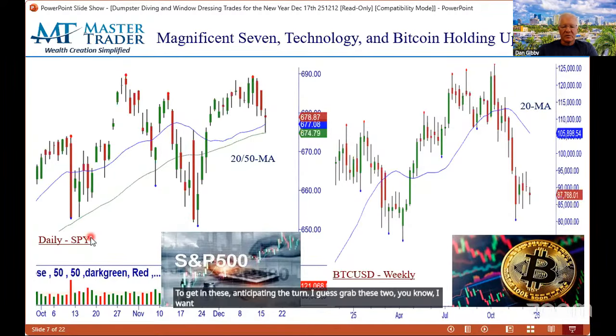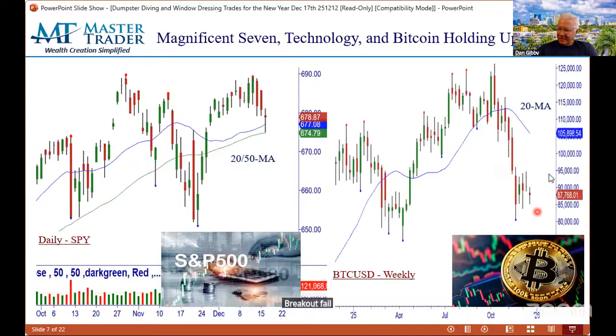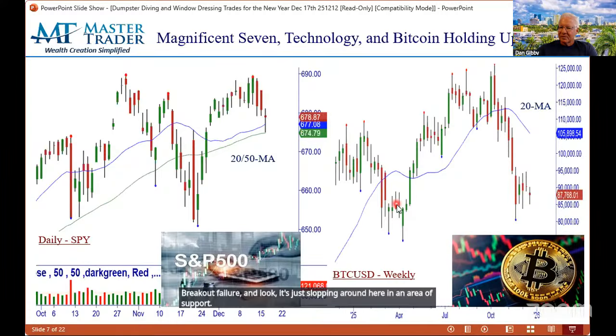So the Spiders have pulled back. They're near all-time highs in an uptrend. Bitcoin, we monitor all these things all the time. Weekly chart, breakout failure, and look, it's just sloshing around here in an area of support.